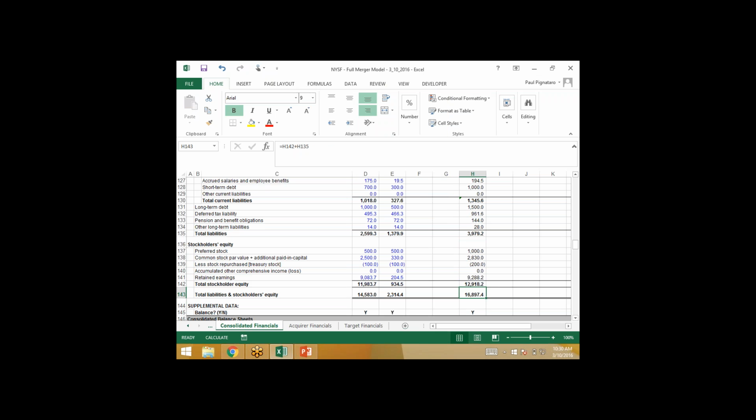This combined balance sheet should balance, obviously, because the individual balance sheets balance. We haven't done anything to change that.